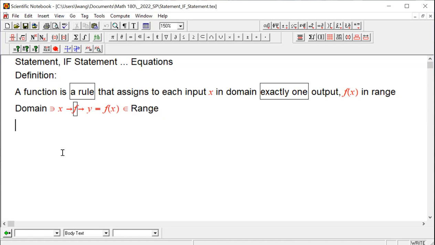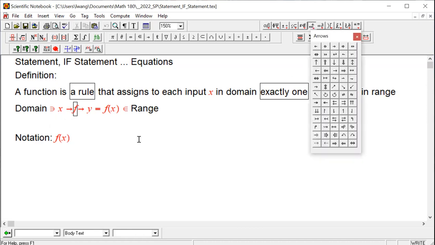Notation-wise, when we see this notation, that's what we see in terms of function, because in this notation we see the input. The input is x.